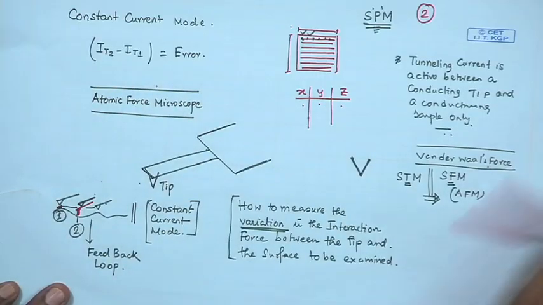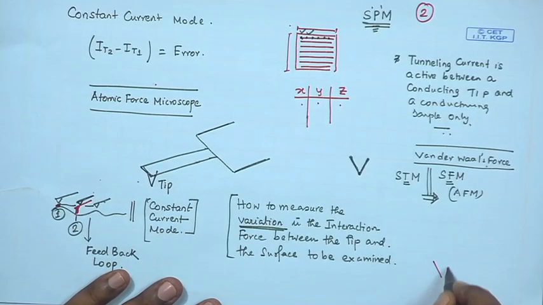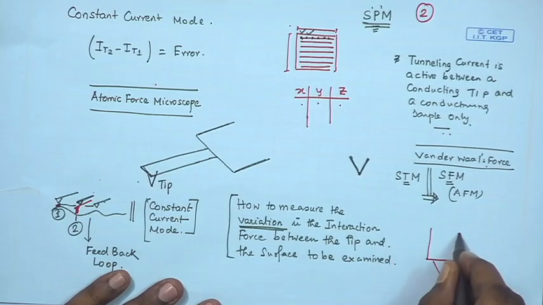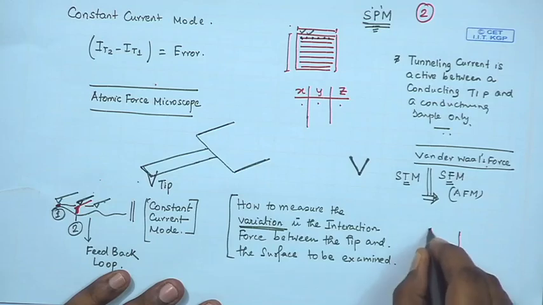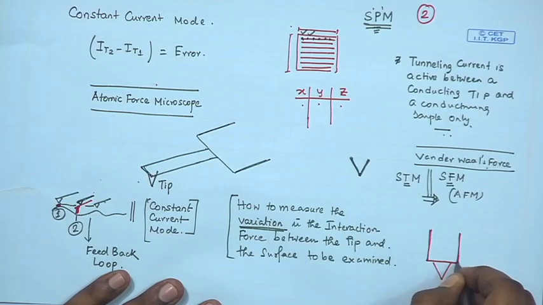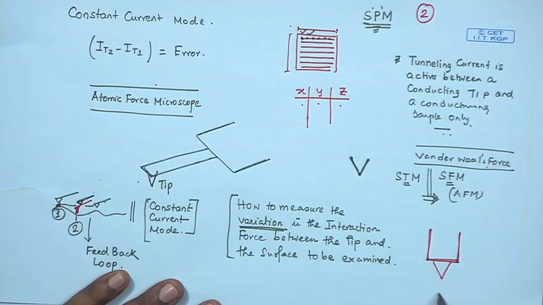So, it will deform. So, what is done in this so called constant current mode? Very simply put, in an STM, this tip is mounted to a piezo. So, now I am giving you a slightly more detailed picture. It is mounted to a piezo.